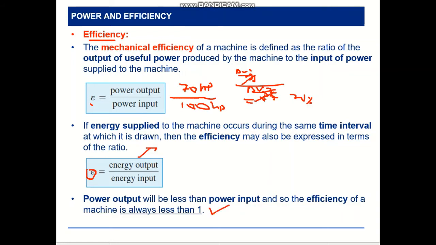Only a Carnot engine gives us 1, but it is an imaginary system, so we just neglect it, because in real life whatever you put in gives us less energy or less power than what we put in, because there is going to be loss due to friction, heat loss, and machinery loss. So that is mechanical loss. That's why we are always getting an efficiency of less than 1.